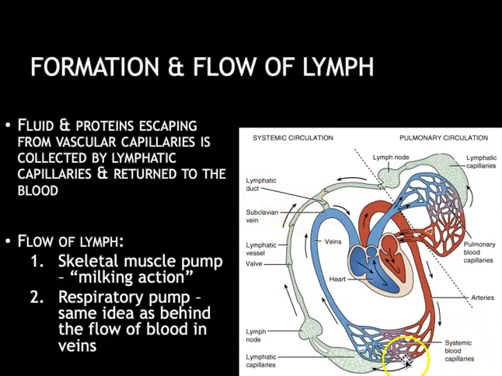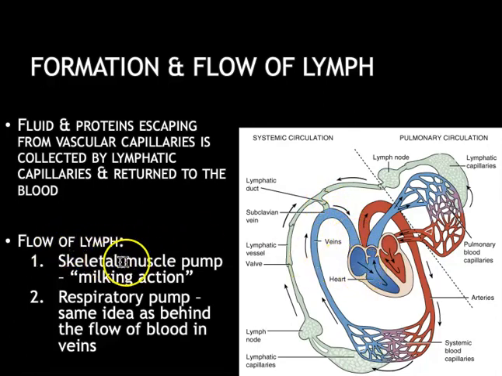As I mentioned, the fluid all flows back in one direction, so it will go from these lymphatic capillaries. There are always these checkpoints of lymph nodes, and these larger lymphatic vessels, and all of this will take fluid back up to that subclavian vein on either side, which will then return the fluid back toward the heart.